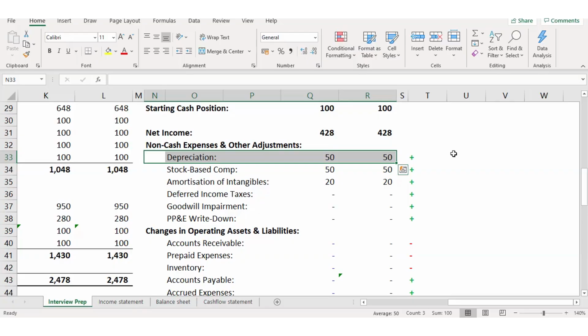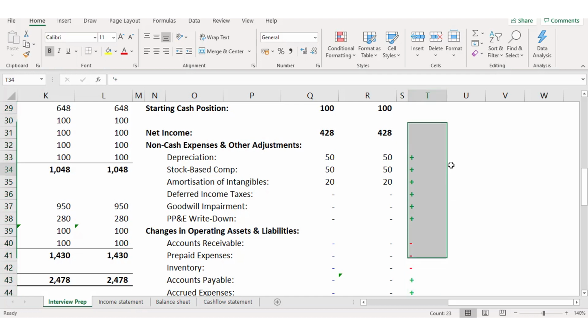If you buy a brand new car at the start of the year and use it throughout the year, at the end of the year, it's not worth the same. So that loss of value is encapsulated in depreciation, but it's not an expense which you've had to pay. You've only recorded it as an expense on the income statement for tax purposes, to reduce your taxes. But on the cash flow statement, we have to reverse that effect. We have to add back depreciation because again, it's a non-cash expense.